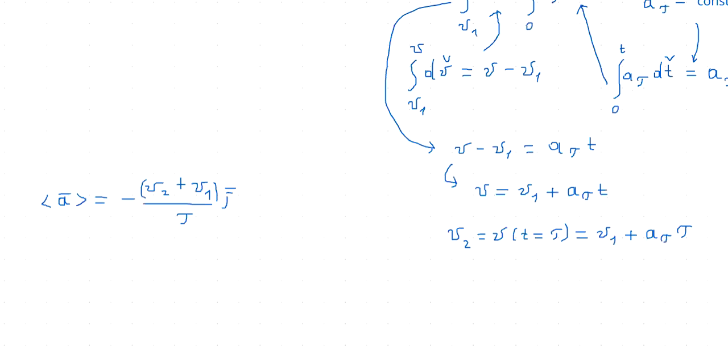And after substitution, we will obtain that this is equal to minus 2v1 plus a tau divided by tau, and here we have the unit vector j.